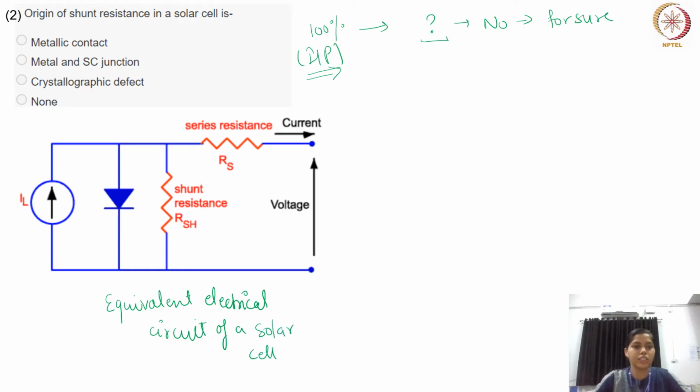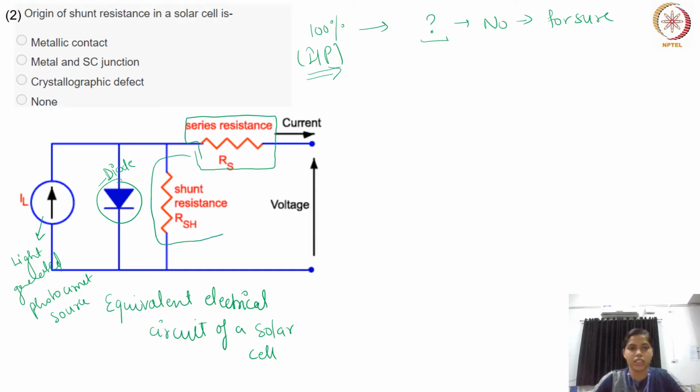It consists of a light generated photocurrent source, and a diode, and to represent how this power loss is occurring, it is shown with the help of a series resistance and a shunt resistance, which are connected in series and in parallel to this circuit.